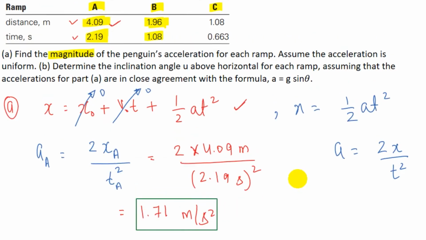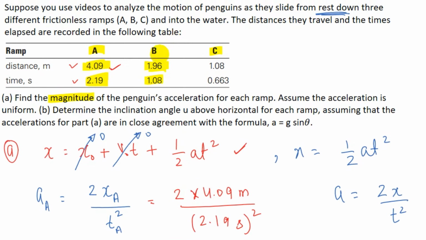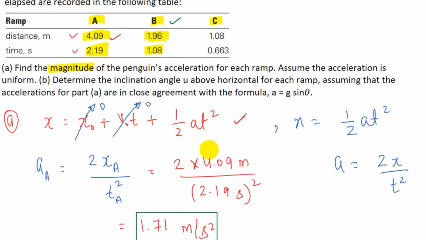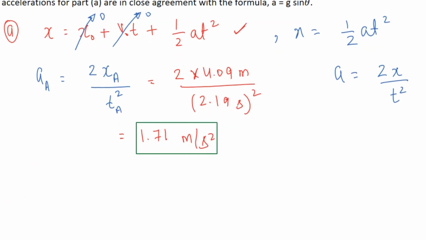Next we have to solve the B part, where, same thing, we have to find the acceleration for ramp B. So this is for the B case. Now a_B would be equal to 2 times x_B divided by t_B squared.